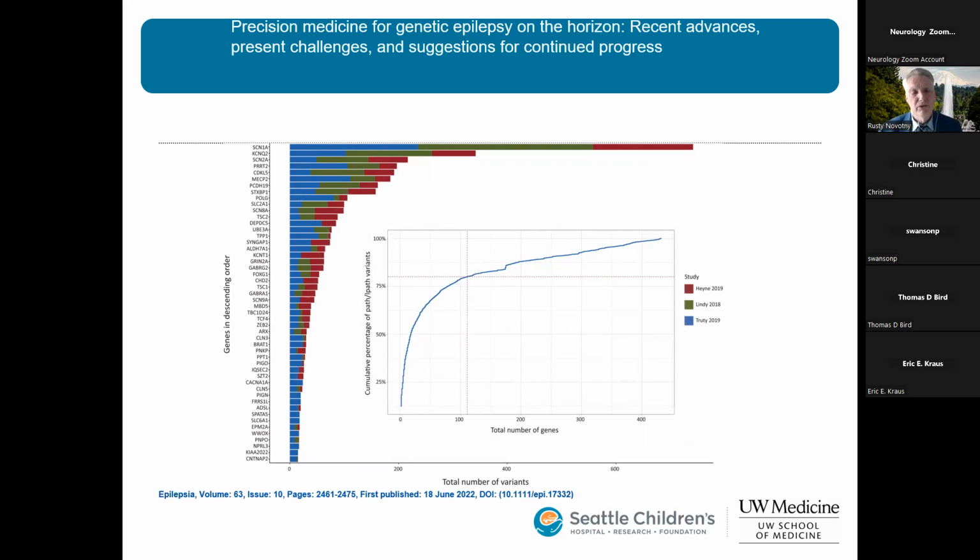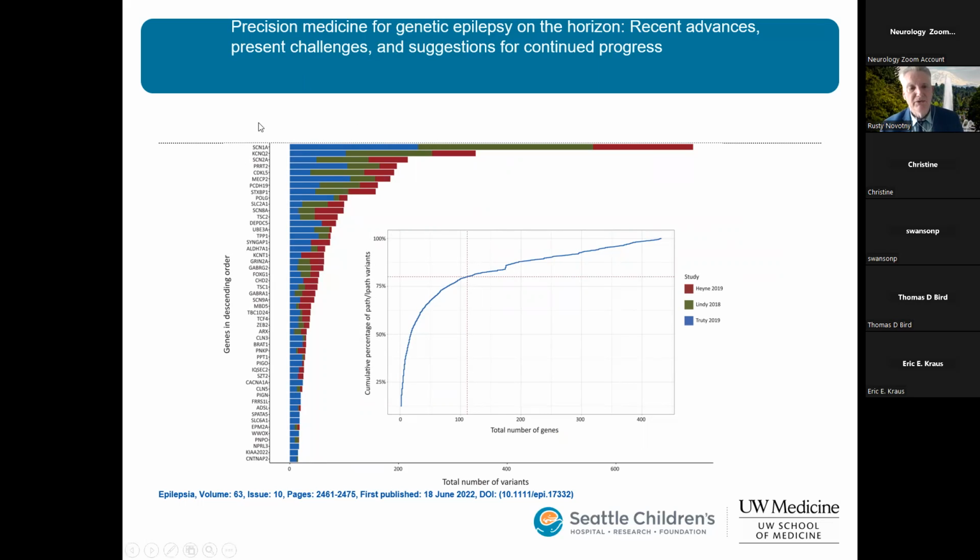I wanted to just review some recent studies looking at the most common genes being identified as causing epilepsy. This is a recent review from last year; there's been really a global collaboration to look at underlying genes. This is from genetic testing on over 25,000 individuals with different epilepsies.